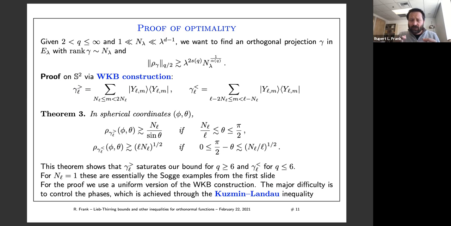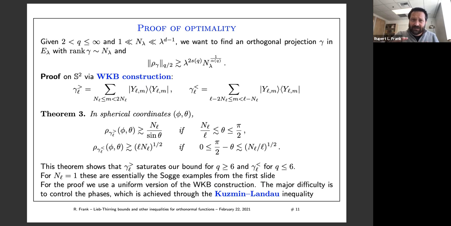And I said that you do this by taking the YLMs where M now is equal to L. So again, the natural choice would be to just take the last M's. So you take the last NLMs to build the operator. Again, for technical reasons, you can't really start counting at L, but it's a little bit more convenient to start at L minus N and go down to L minus 2N, but that's only technical.